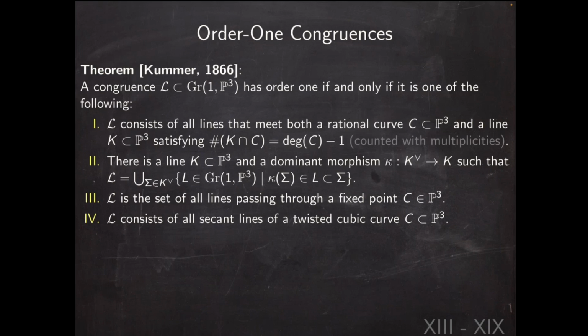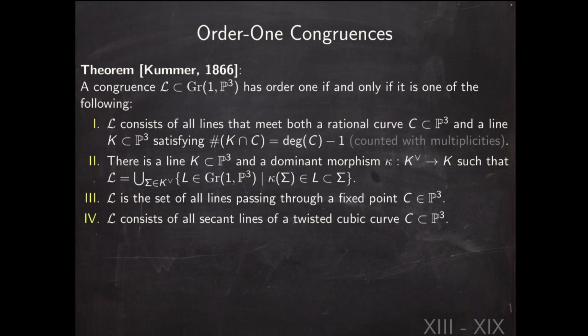So the third case is now much easier. The congruence could just be the set of lines passing through a fixed point. We have already seen that congruence for the global shutter camera, as I said. And then there's a fourth case, namely the congruence could also be the secant lines of a twisted cubic curve.